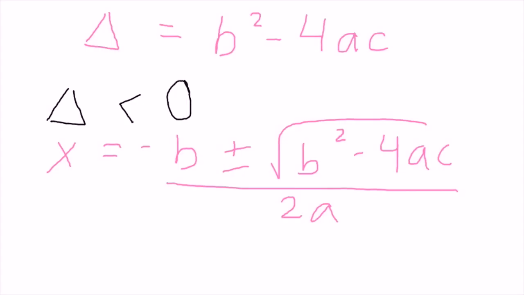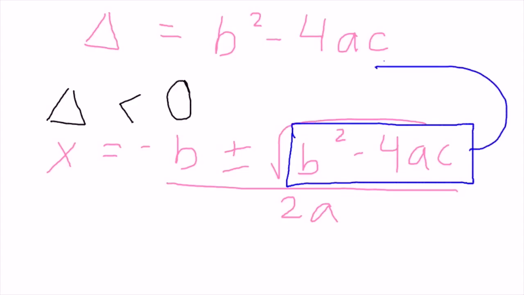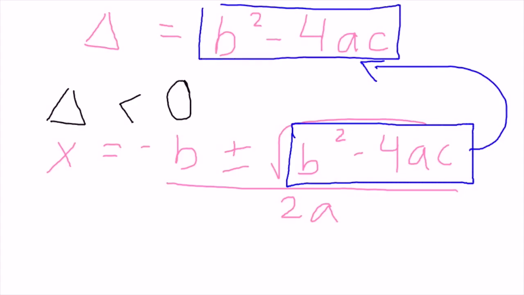And as you know, you cannot have a negative number in a square root, so therefore you have no solutions. This is because you know that inside the root is b squared minus 4ac, and this is also equal to the discriminant, as delta is equal to b squared minus 4ac.